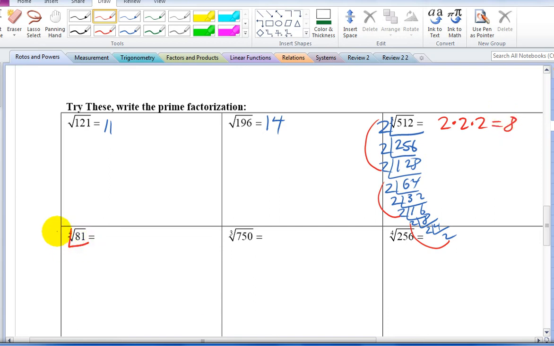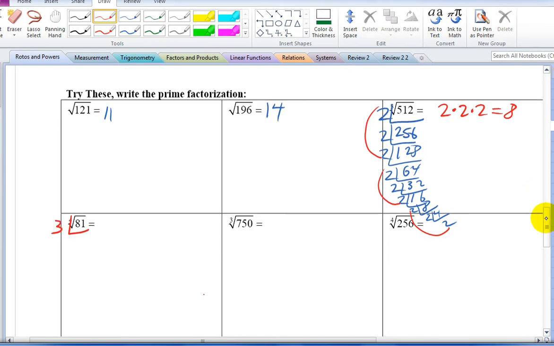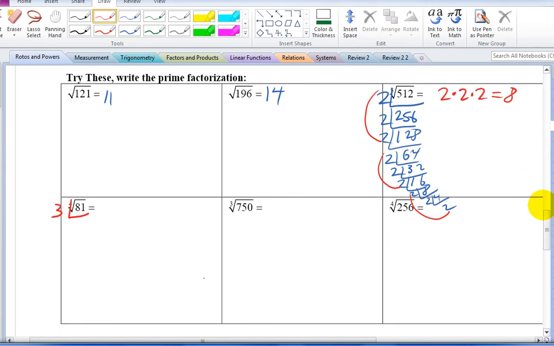For 81, divide by 3. Use your calculator to help. So 27, 3, 9, 3, 3.